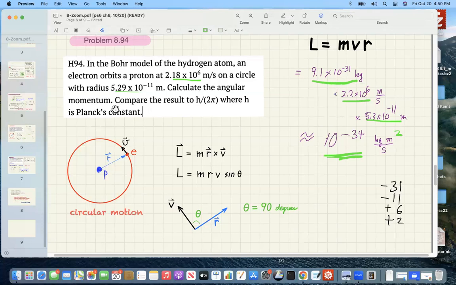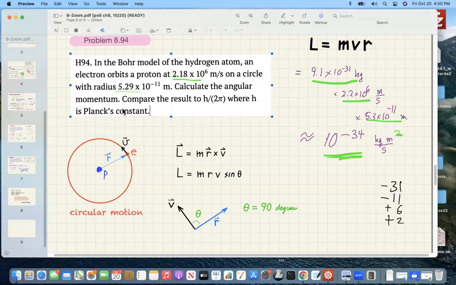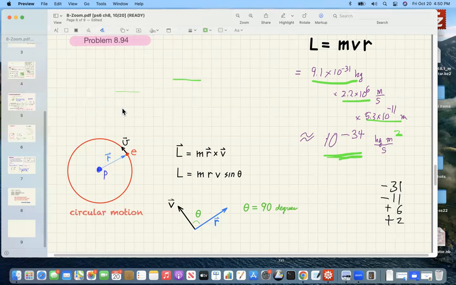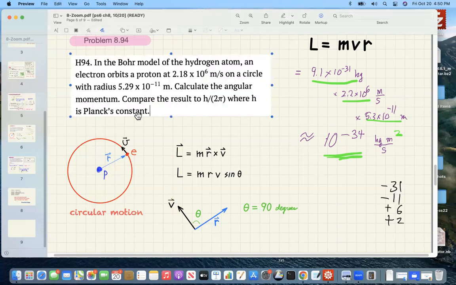And then part B of the problem is to compare that to Planck's constant, which is determined from a theory of photons. The Bohr model describes atoms.